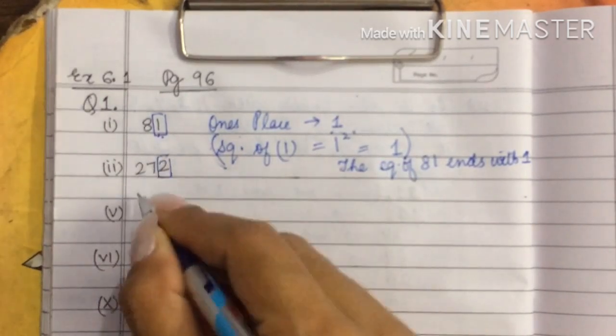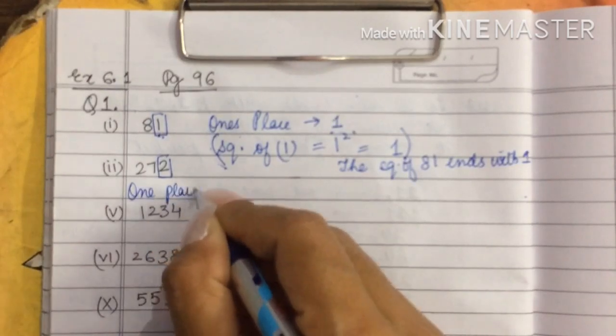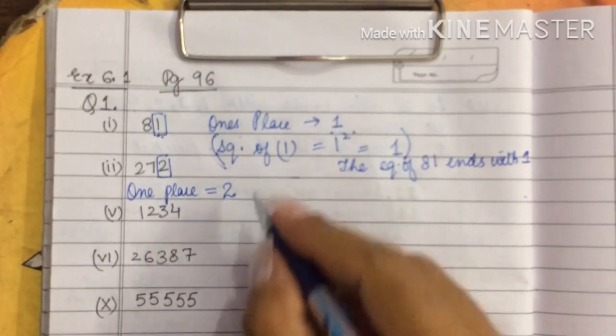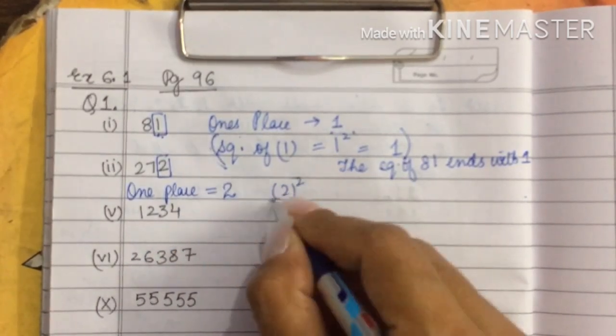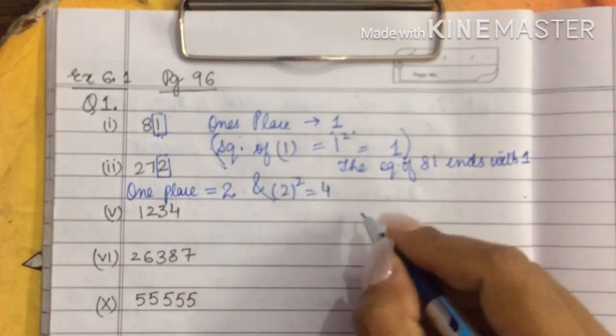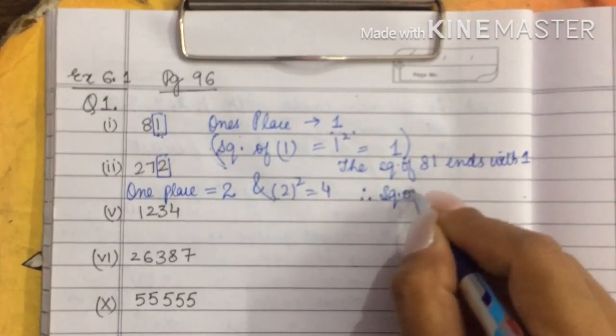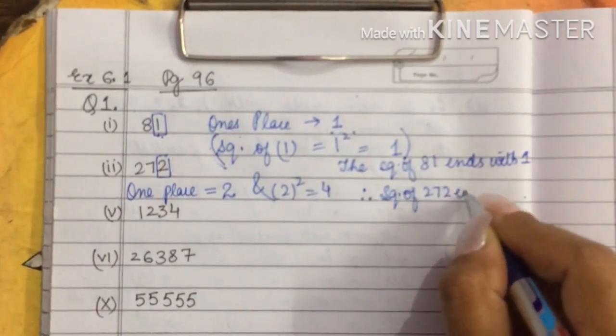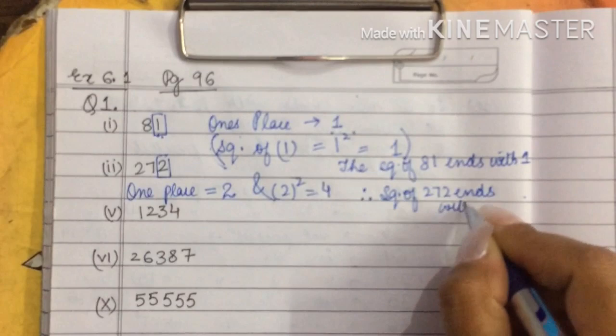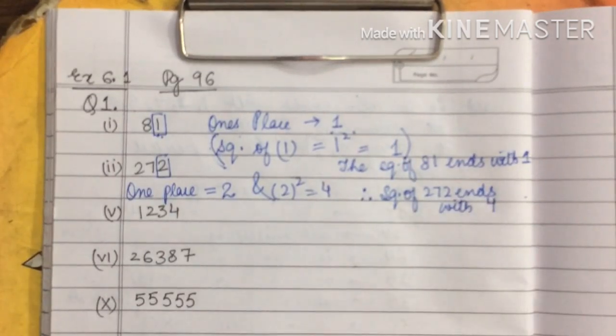Let's take this one. 1's place equals to 2. So 2 square is 4. So therefore square of 272 ends with 4.